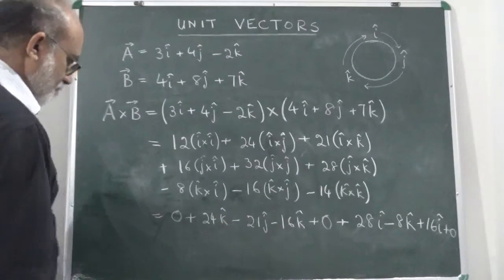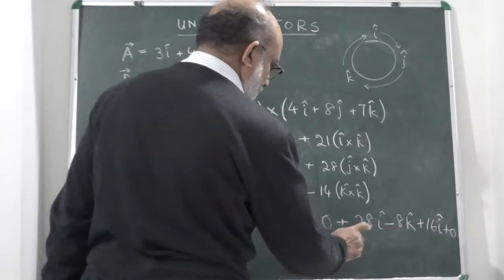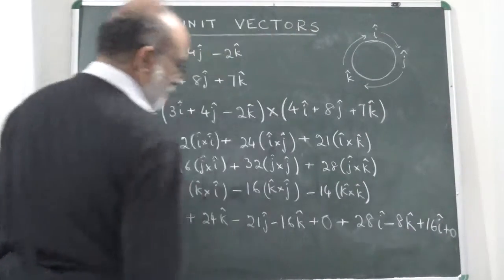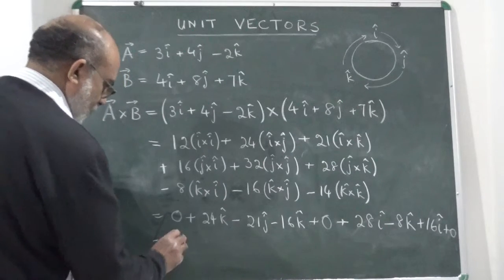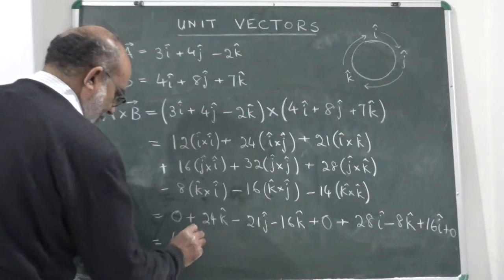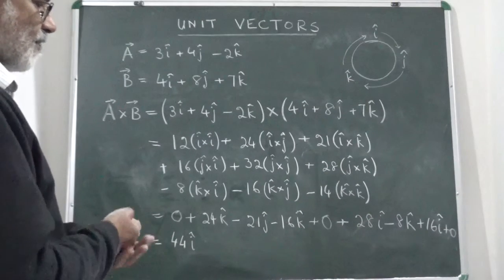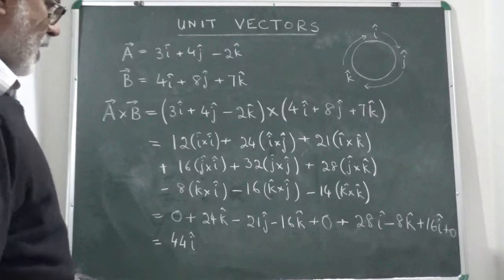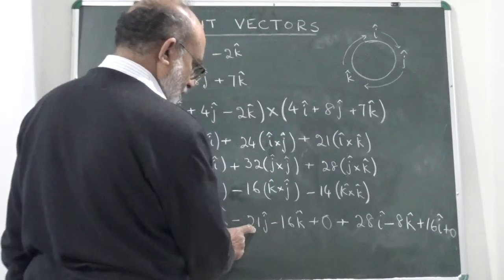So you get I here 28 and here 16, so it is 44 I. And J minus 21 here.